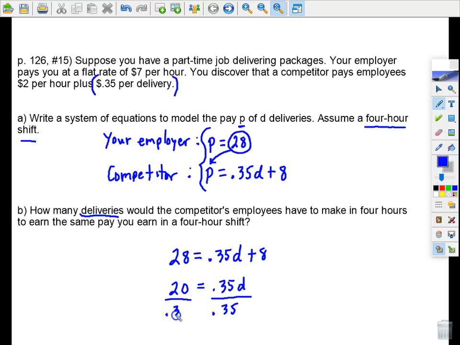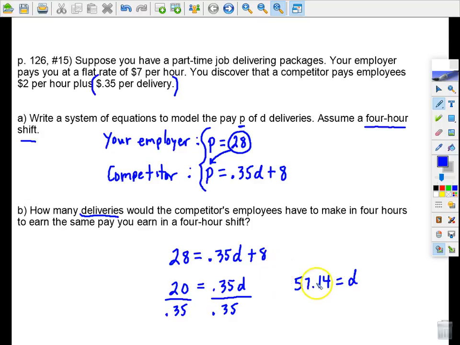This is a case where I wouldn't do this to you on your test, but if you wanted to grab a calculator in this particular instance, that would be okay. In dividing both sides by 0.35, looking at your calculator and rounding to the hundredths place, we have 57.14 equals D.